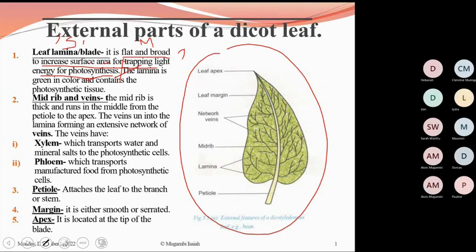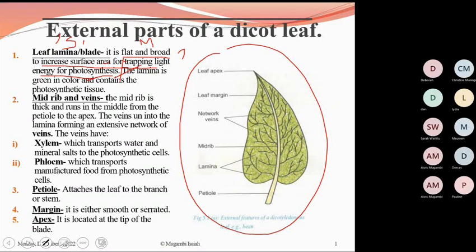So now we say that in most leaves, you'll find it is green in color, and it contains what we call the photosynthetic tissue, and that is what we call the palisade layer. So the palisade tissue is usually a tissue that is used to manufacture food. And that is why we call it photosynthetic tissue.